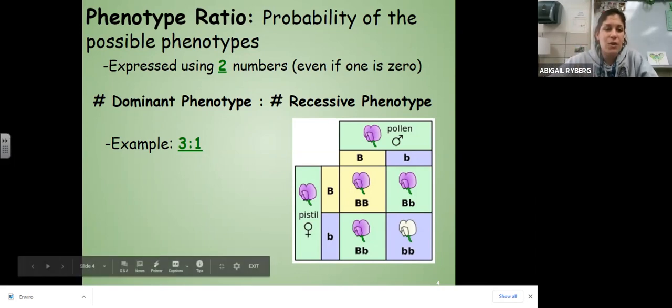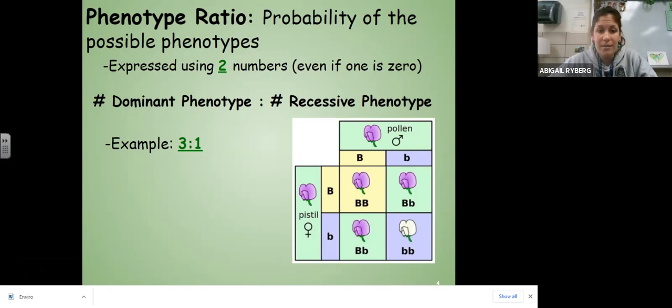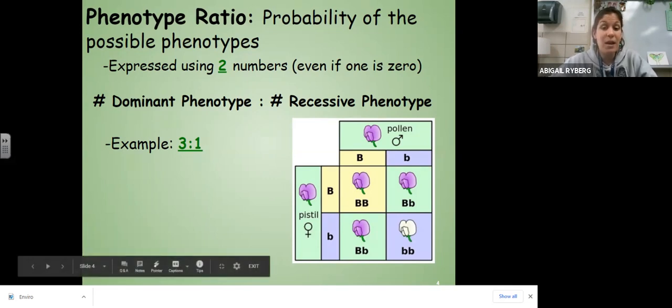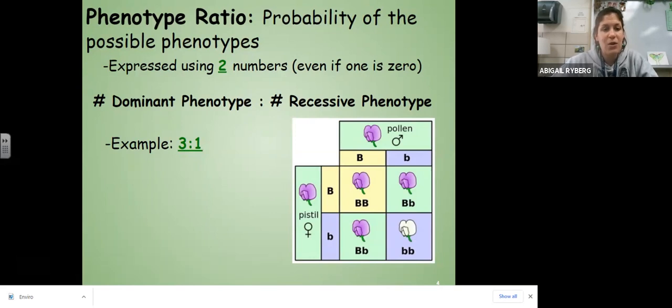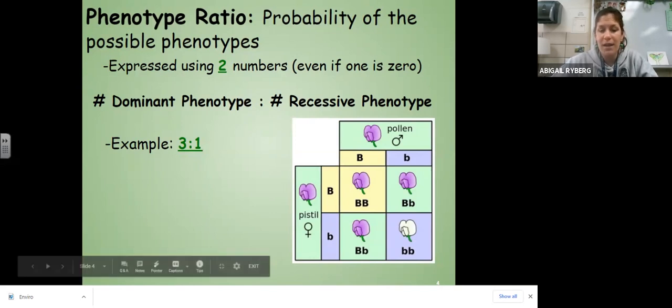If you look here, we show the number of the dominant phenotype first, colon, because it's a ratio, and then the number of the recessive phenotype. In this instance, remember, phenotype is the color. So there were 3 purple individuals, which is the dominant phenotype. So we start with a 3, colon 1, because 1 individual down here would be the recessive phenotype.